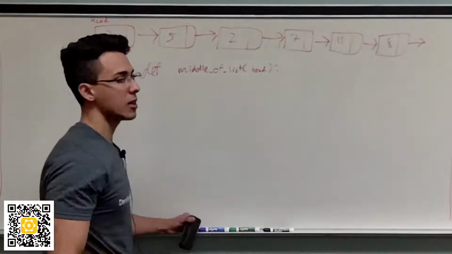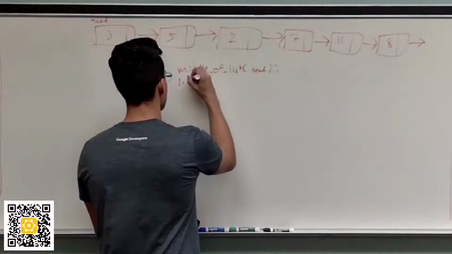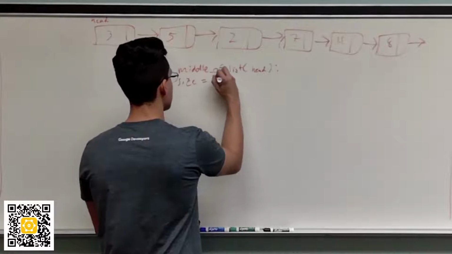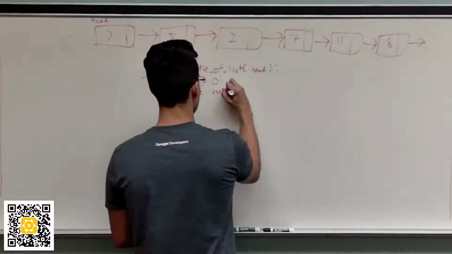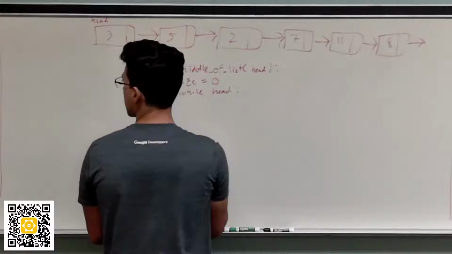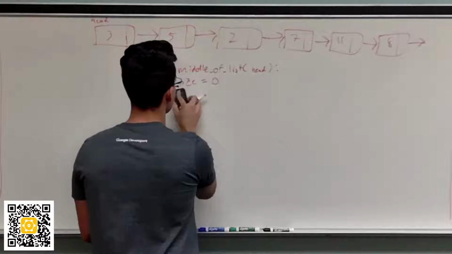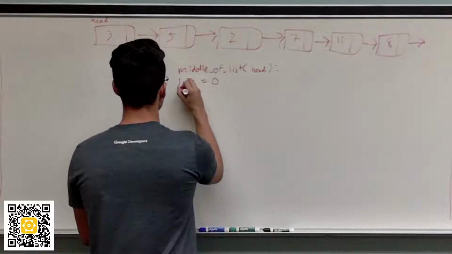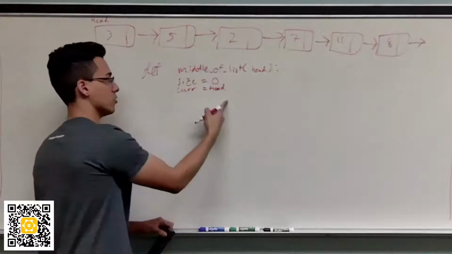So we start with getting the length. So I'm going to call it the size. It's 0 at first. So while head. So this is to check that it's not none, not null. So while head, well, actually, cur equals head, right? Good practice is to do cur equals head.